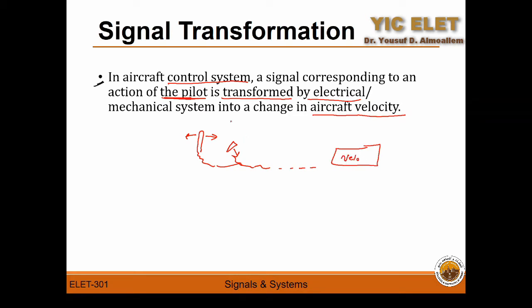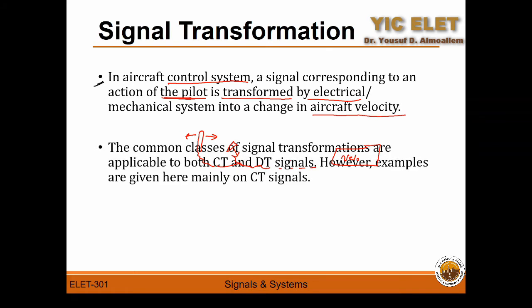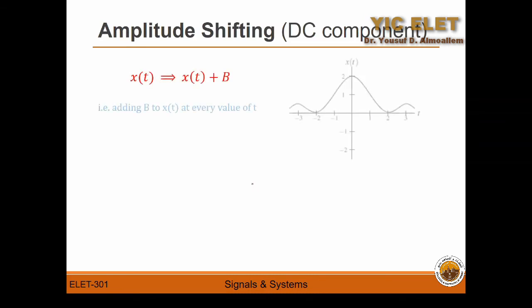So these are some types of transformations happening in our daily life. The common classes in signal transformation are applicable in both continuous time and discrete time. However, the examples covered in this lecture will be concerned only with continuous time signals.